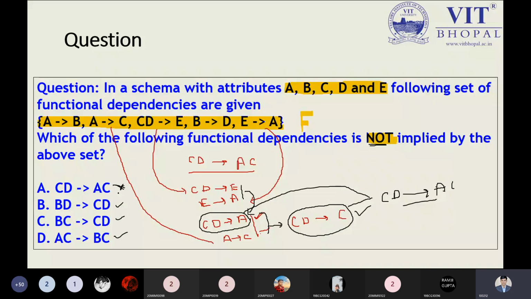Solve it and tell me which one is correct or wrong. Are you solving or not? Yes, sir, solving, sir. Okay, solve it and tell me right now.